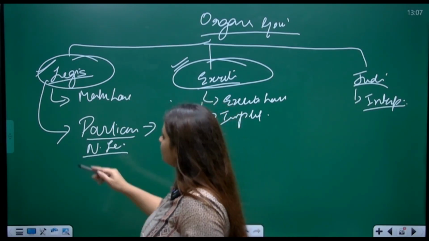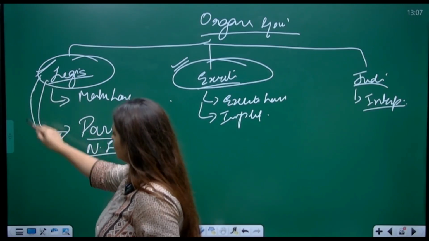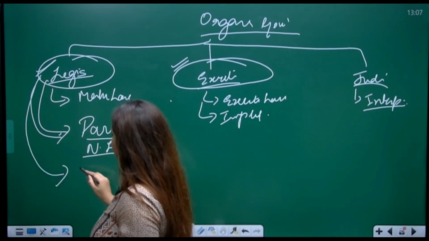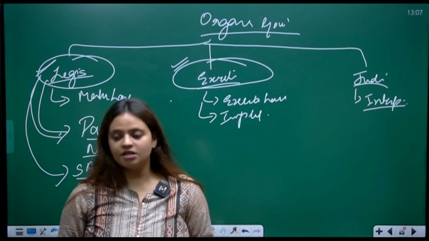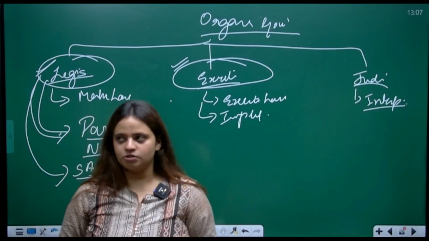At the center level we have parliament, and at the state level we have state assemblies. It could be legislative assemblies and legislative councils as well.